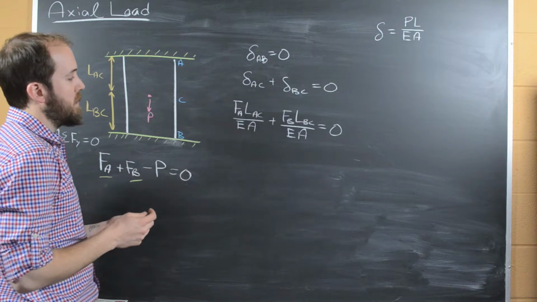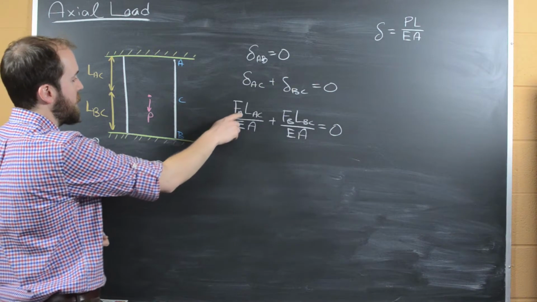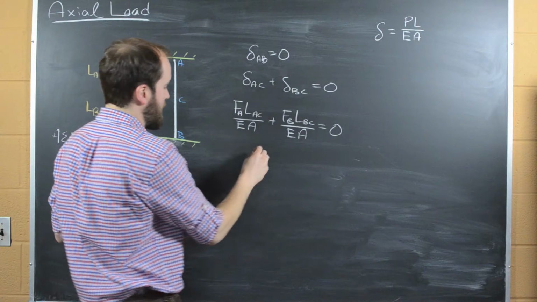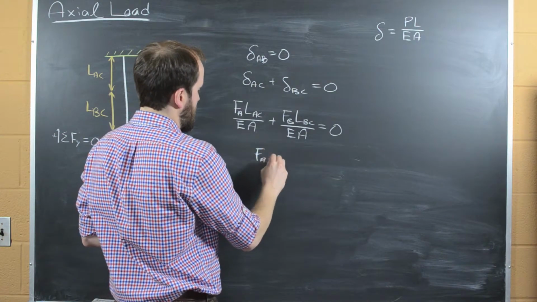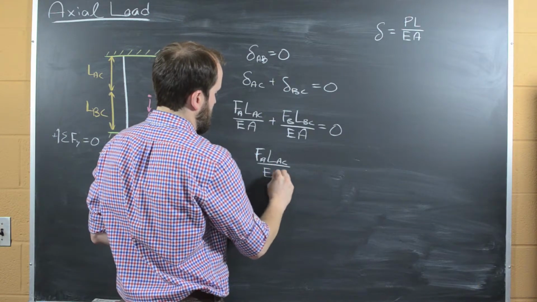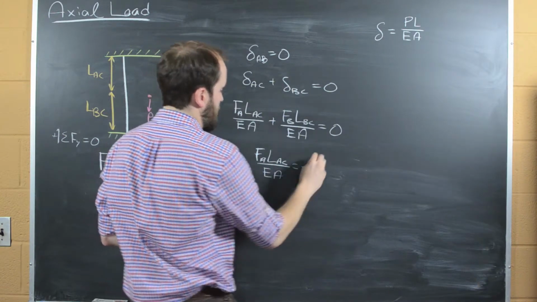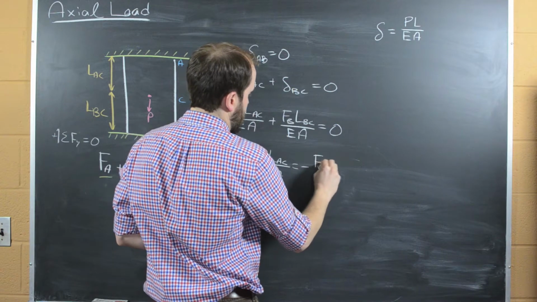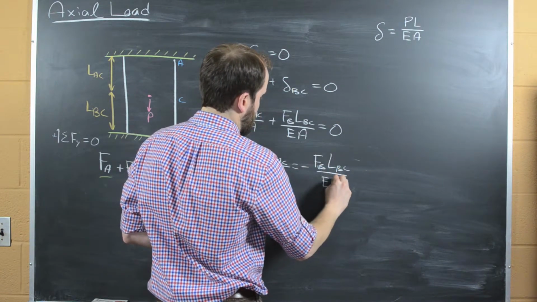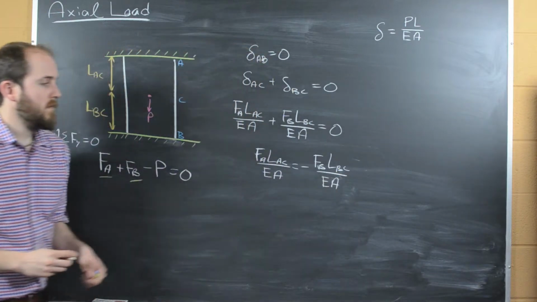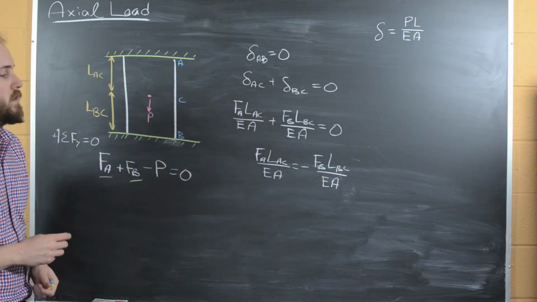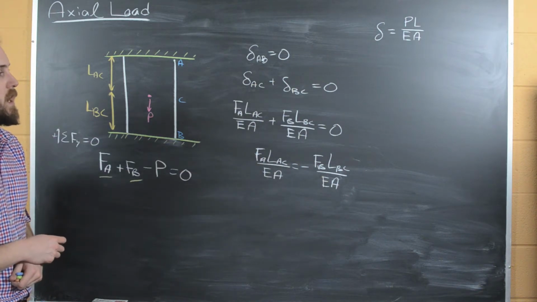And so now what we have is an equation that relates the forces here to some unknown. So we could, if we want, solve this and say the force. So now we have a relationship between these reaction forces and the size and material properties of the rod.